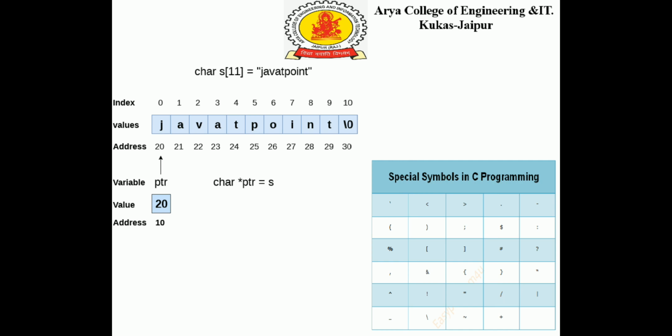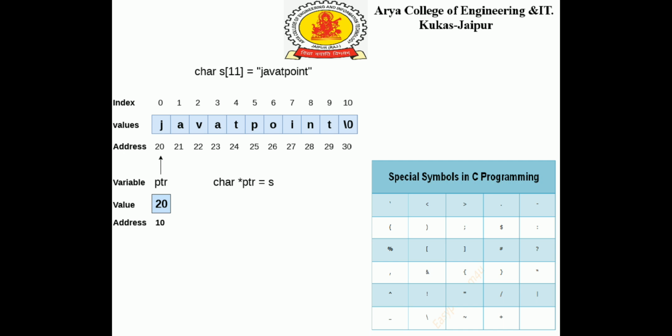Then next we will see strings and how a string is used. A string always has a null character at the end, showing the end of the string, and a string is always in double quotes. Here we have a character array S, its size is 11. We can see from 0 to 10, and one extra character is given to the null character, showing the end of the string.